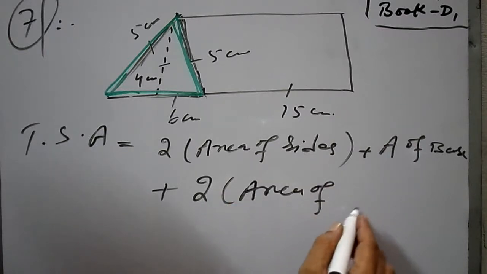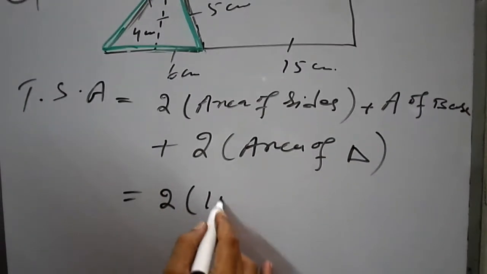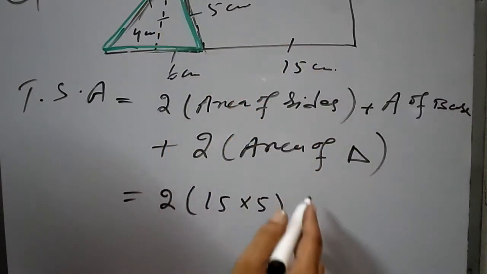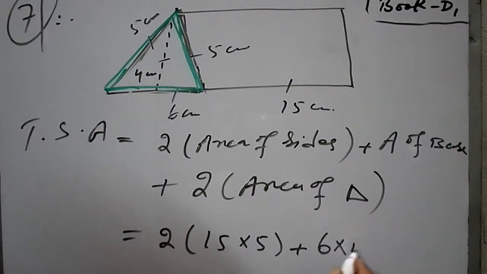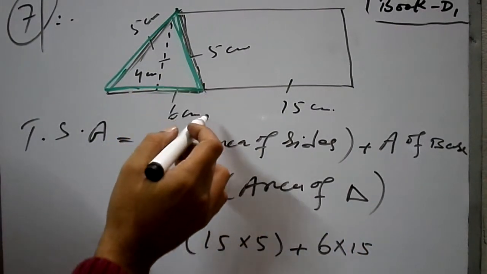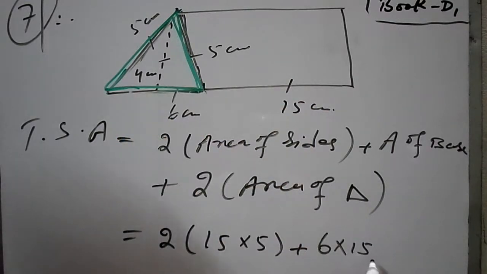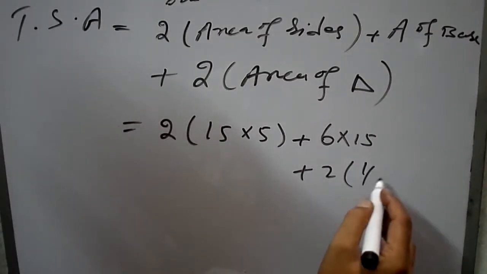So twice the area of side: side is 15, other is 5. Similarly, area of base is 6 into 15, plus twice the area of triangle.